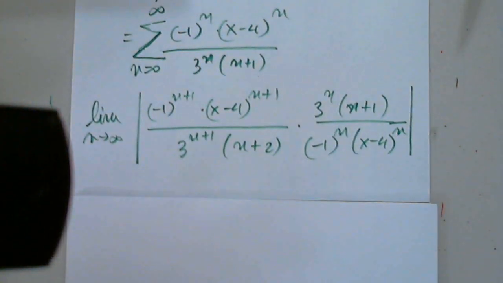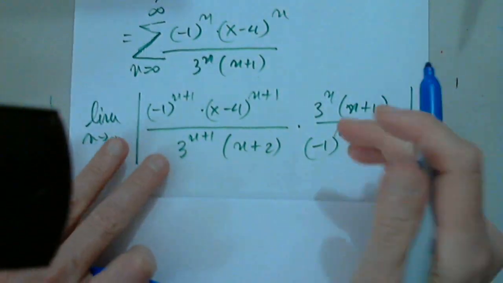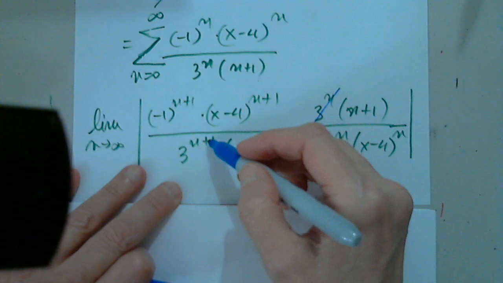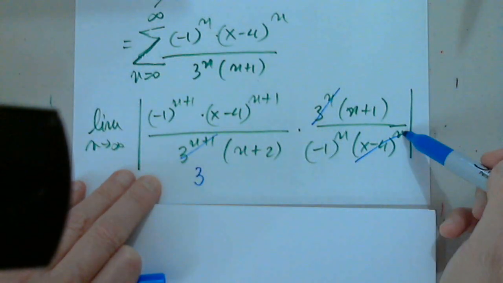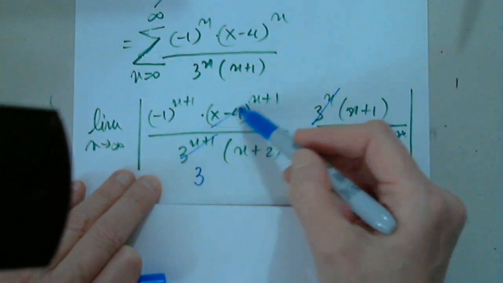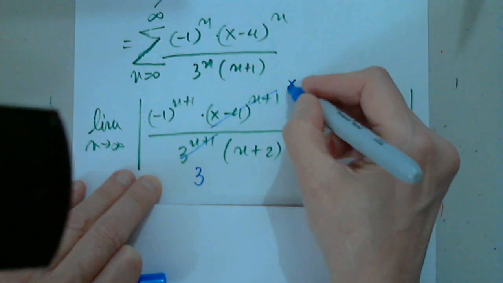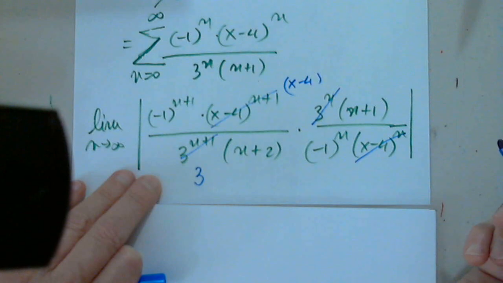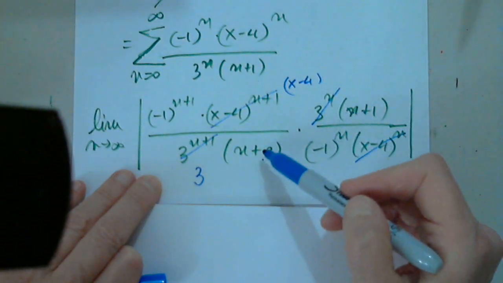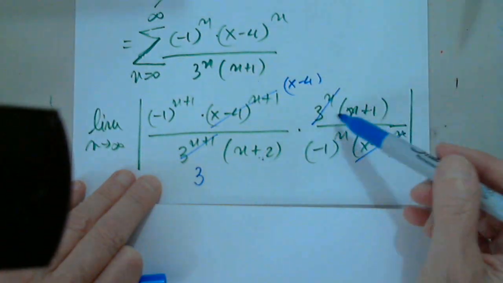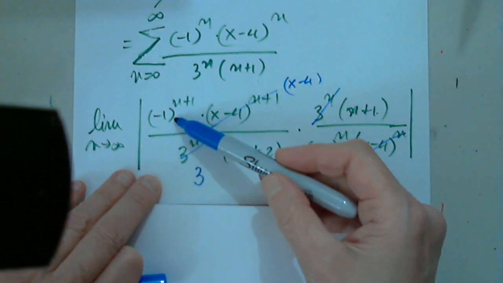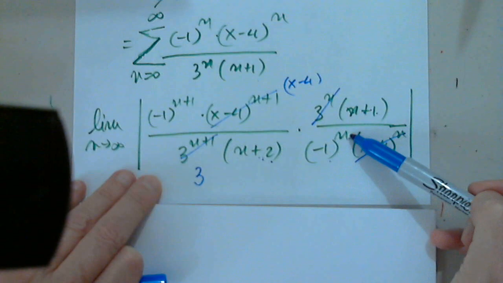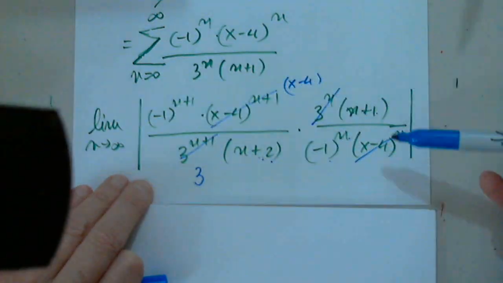So 3 to the n will go away with 3 to the n, but there is still a 3 left in there. (x minus 4)^n with (x minus 4)^(n+1), so there is an x minus 4 left in there. This limit is 1 when we determine the limit of n plus 1 over n plus 2. (-1)^(n+1) over (-1)^n will go away because of the absolute value.